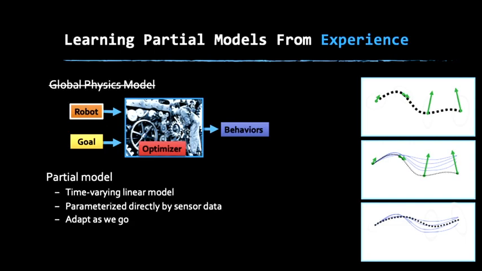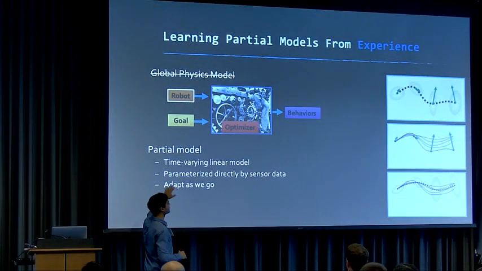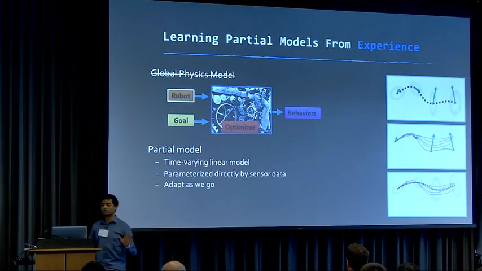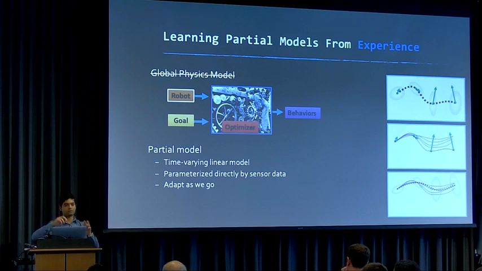So what we're going to do is check out that robot box, which was the full physics model. I'm going to start substituting that box with a partial model, which is a time-varying linear model parameterized directly on the sensor data. So we are not talking about joint angle positions or nice properties like velocities, etc. Whatever your sensor is, we're just going to go for the sensor data, and that's where we are going to build the model.